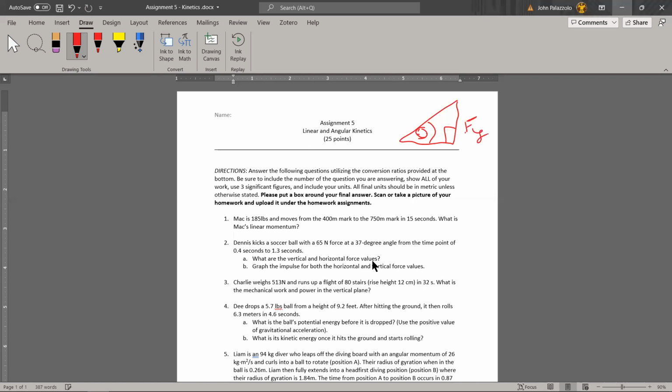Our horizontal component here is F of x, and I'll just say the hypotenuse is F of r for resultant, because why not? So I'm asking you to calculate F of y and F of x.